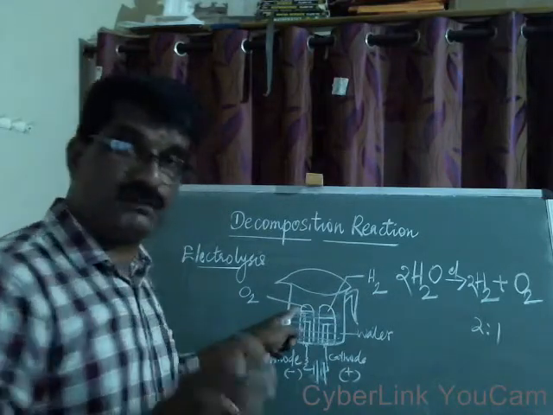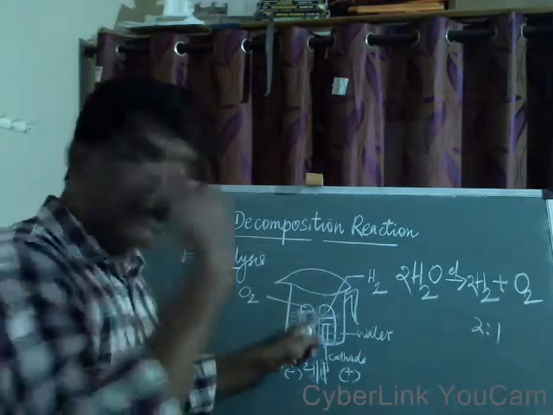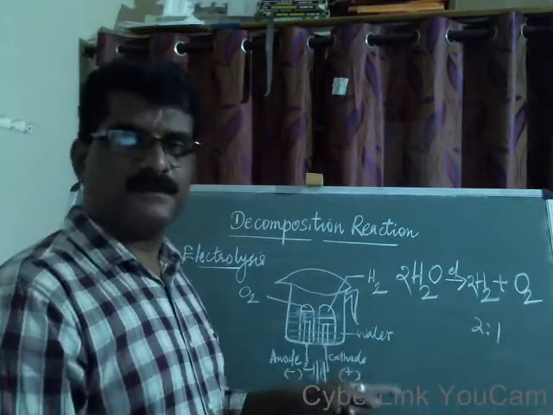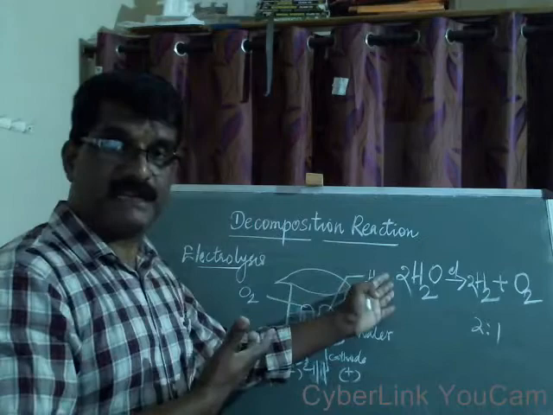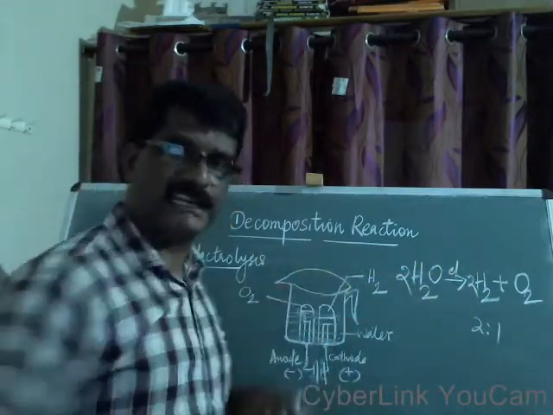And in the other test tube, if you observe, exactly half of the space of the first test tube is filled. Now, switch off. The gas is collected because of electrolysis. The water underwent electrolysis and you are getting hydrogen and oxygen, the 2 gases you are collecting in the test tubes.